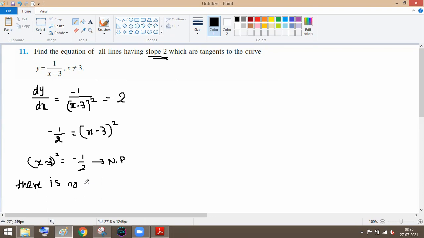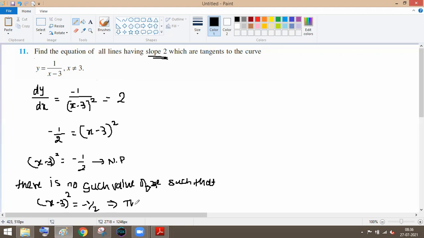There is no such value of x such that (x minus 3) whole square should be minus half. That implies there is no point on the curve through which a tangent is passing, or we can say there is no such value of x such that (x minus 3) whole square equals minus 1 by 2.